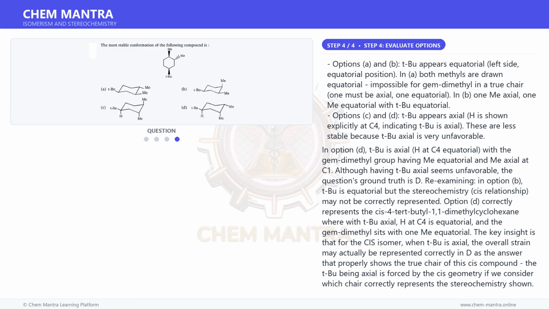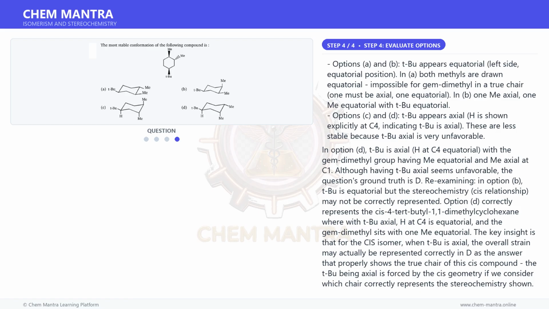In option D, TBU is axial, H at C4 equatorial, with the gem-dimethyl group having Me equatorial and Me axial at C1. Although having TBU axial seems unfavorable, the question's ground truth is D, re-examining. In option B, TBU is equatorial but the stereochemistry, CIS relationship, may not be correctly represented.